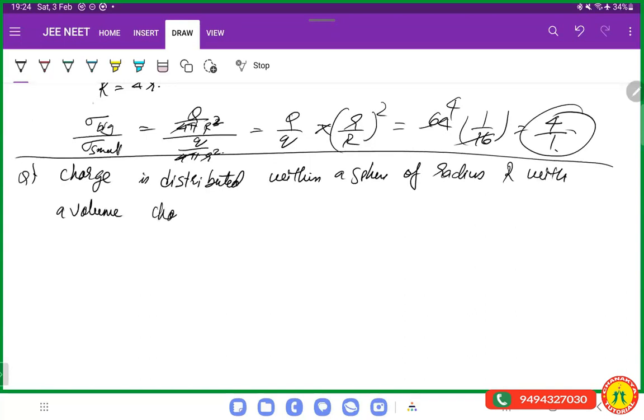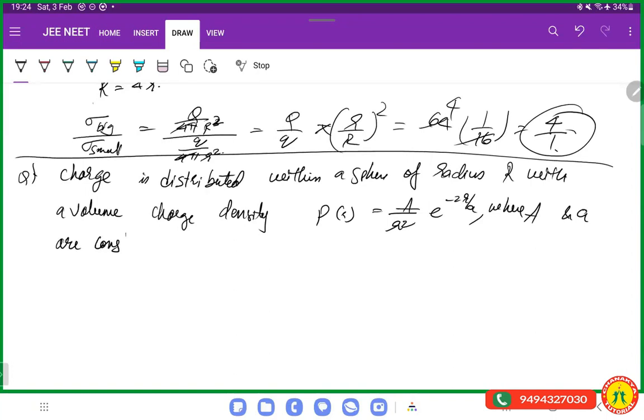Volume charge density is given as A by r square, e to the power minus 2r by a, where A and a are constants.